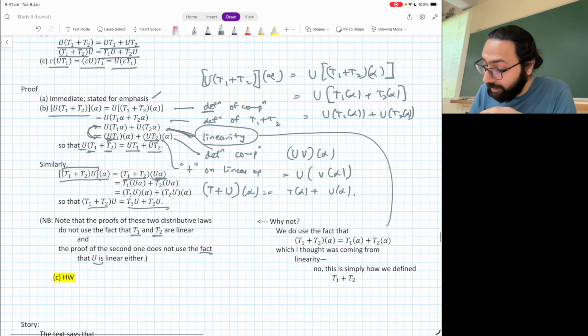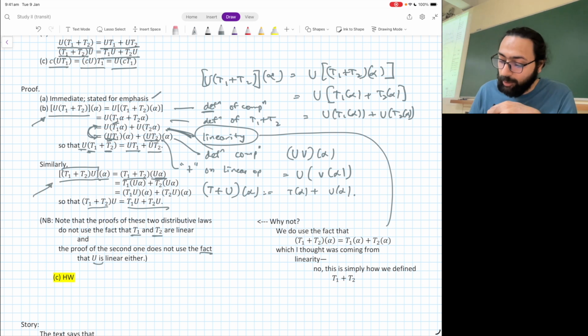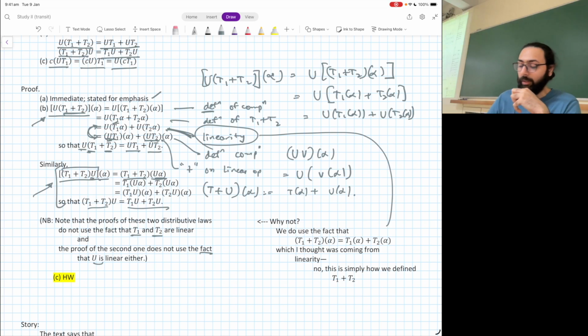So we did use linearity, but we were using linearity of T for this property, and for this one we were using linearity of U. I didn't do this one, but you can believe me that we had to use the linearity for T. So in this case, you have to use it. Thank you, I was doubting myself. Any questions?